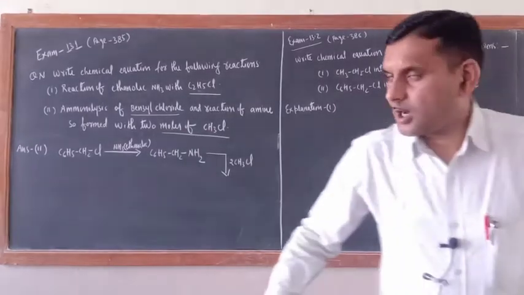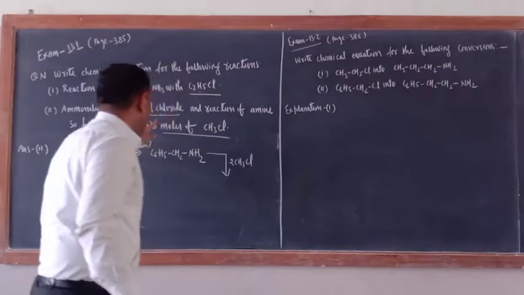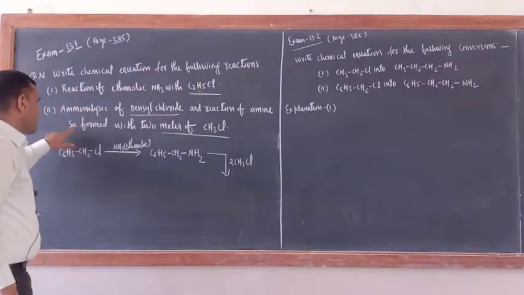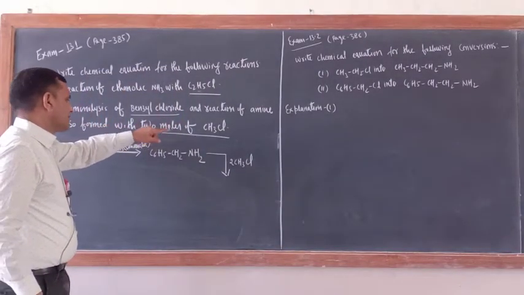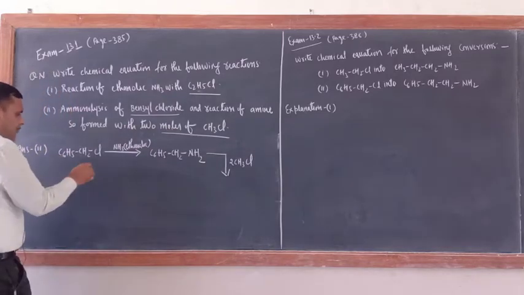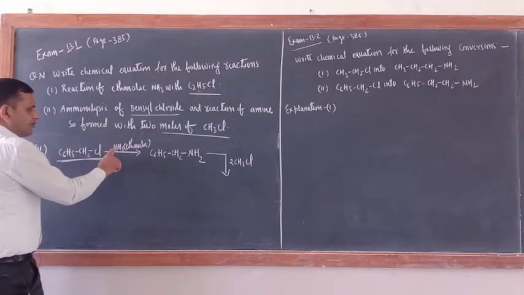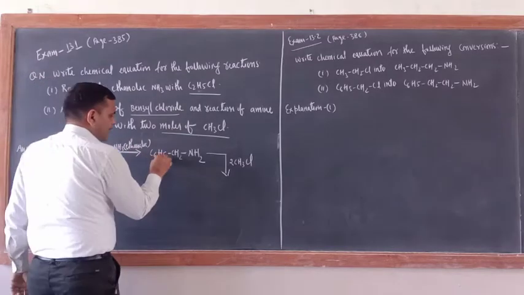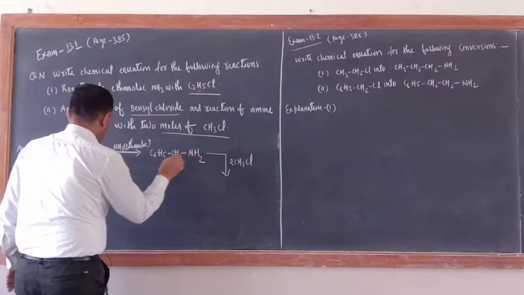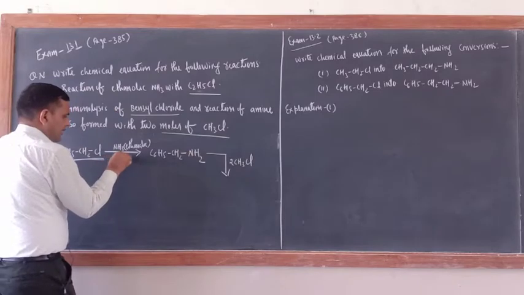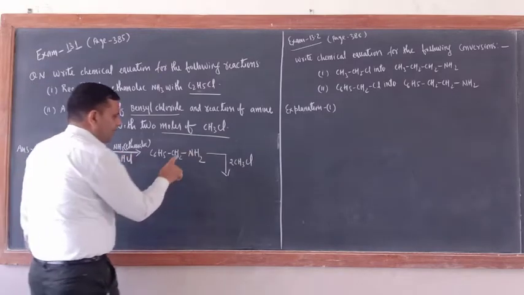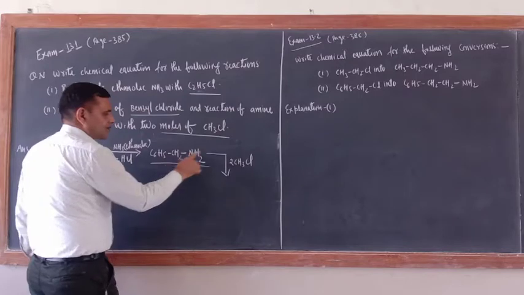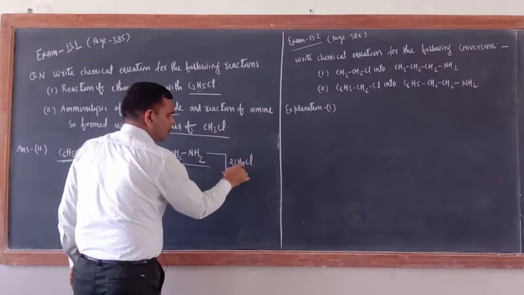So, the second one is ammonolysis of benzyl chloride and reaction of amines so formed with 2 moles of CH3Cl. First, this is benzyl chloride. This should be reacted with ethanolic NH3. So you will get C6H5CH2NH2, and here minus HCl.